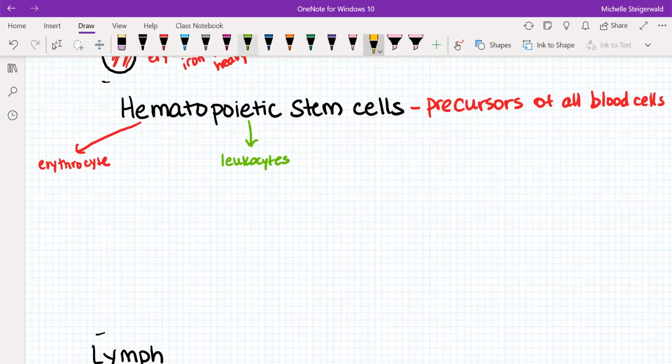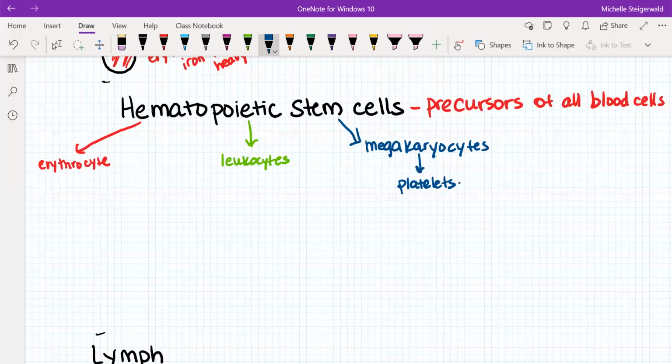And then our megakaryocytes, another one that's fun to spell. We didn't really get into detail on the megakaryocytes. I would just know that this is going to create those platelets. So basically little pieces of those megakaryocytes are going to break off into platelets, and these are going to be really important for blood clotting.